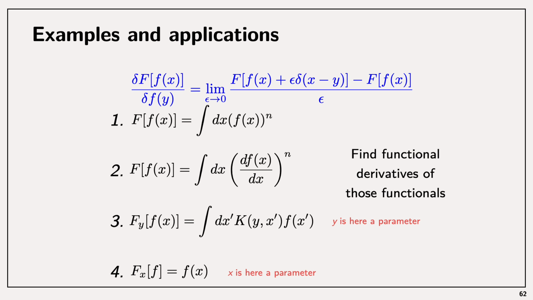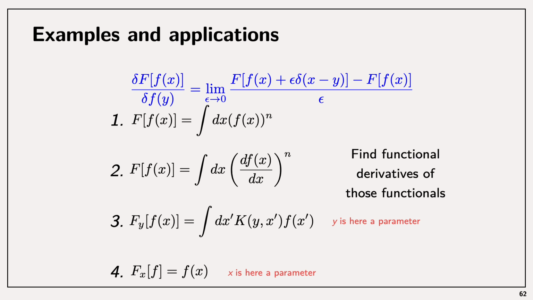It's when we have the power n of a first derivative, and then the next term is actually also a local functional with some kind of kernel k, and the last one, the function of a function, is just a function itself. So you can have an intuitive understanding of what's going to happen.